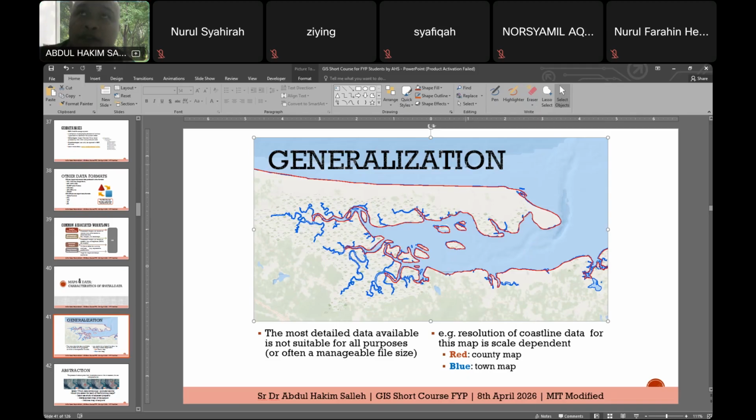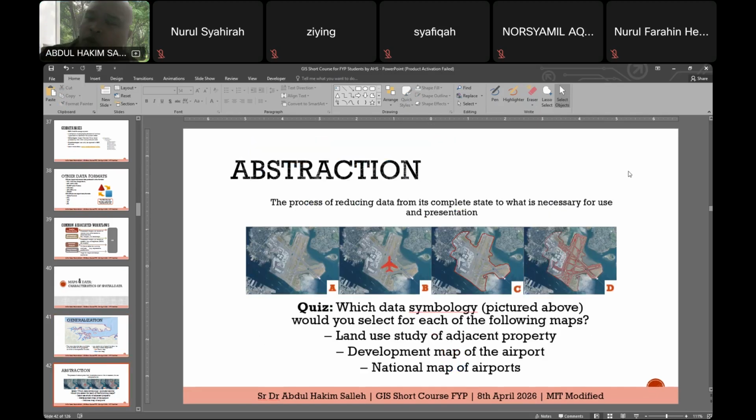But for money exchange, perhaps yes. That is what is known as generalization. To generalize the map in order to focus on the objective of that particular map.